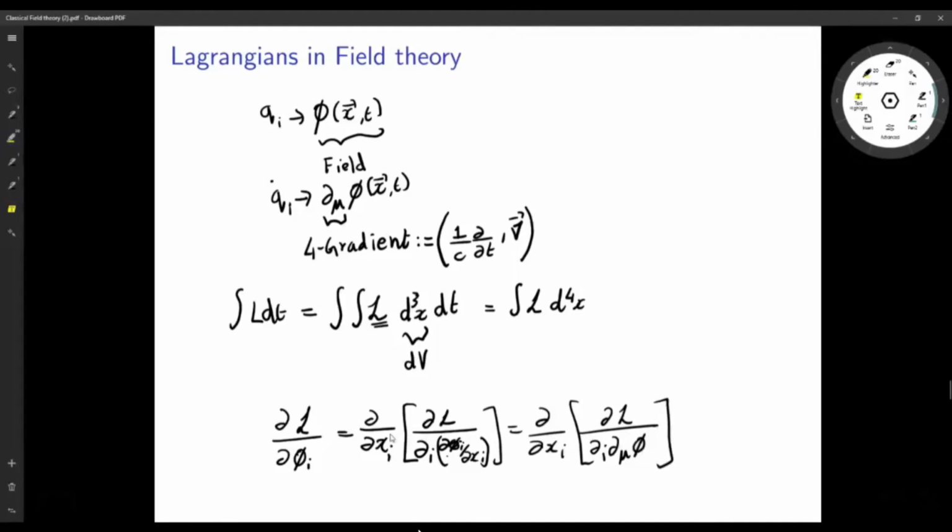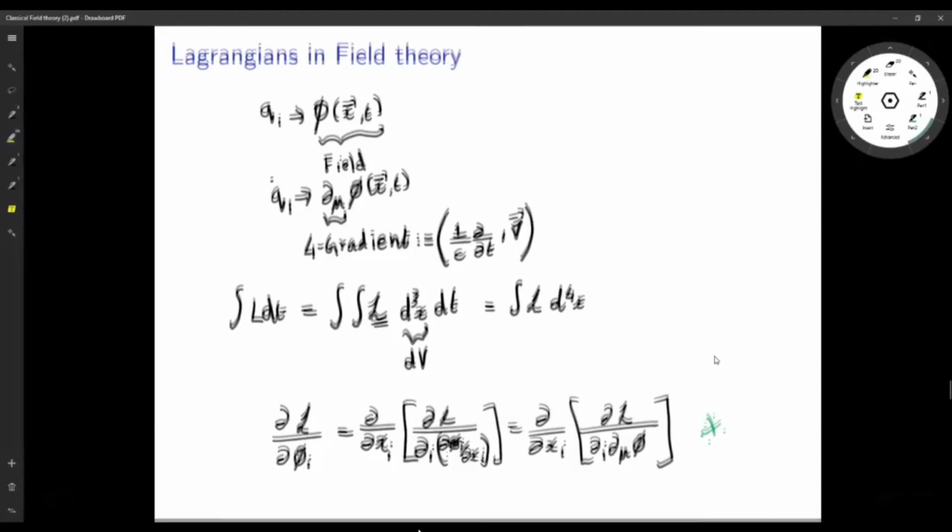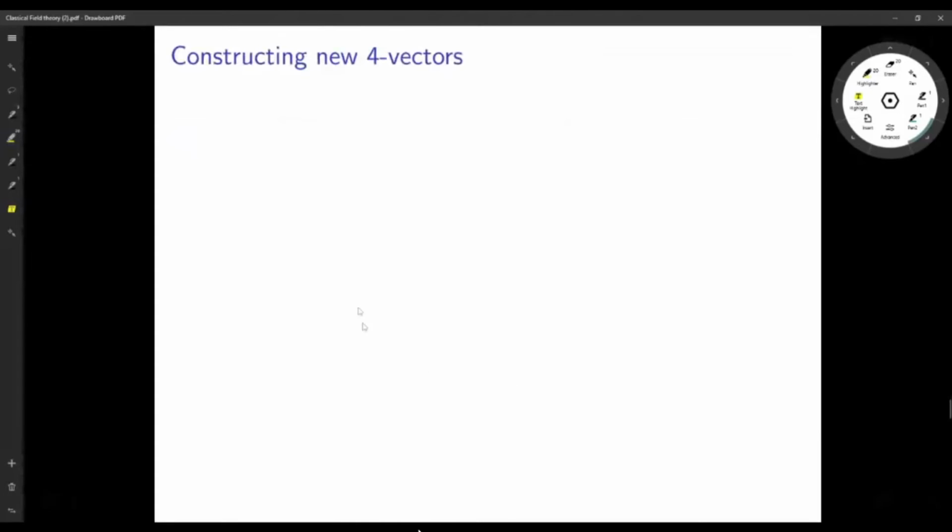This is because we are generalizing to a field rather than a singular particle. And this equation will help us out when we're talking about the electromagnetic Lagrangian. All right, and there are 5 or 3 steps which we'll go through. So before we even start, we need to construct 4-vectors. And the reason we need to construct 4-vectors, you ask why? The reason is simply because they are Lorentz covariant.